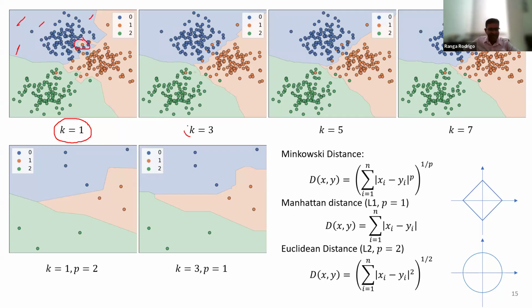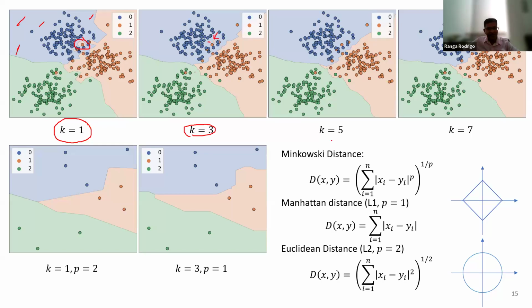Now, if you consider three nearest neighbors, although an orange one is there, because there are blue ones close by, this region belongs to the blue one. That is correct. But there is a problem here: there is a small island of orange there. Can you see that?